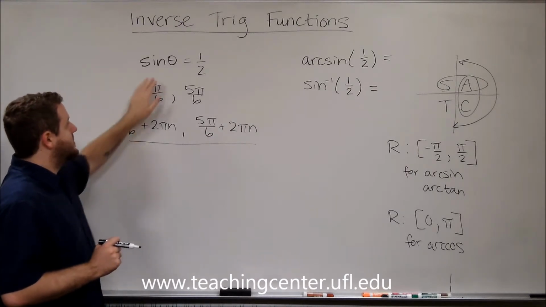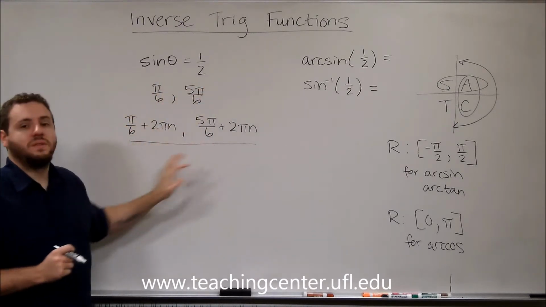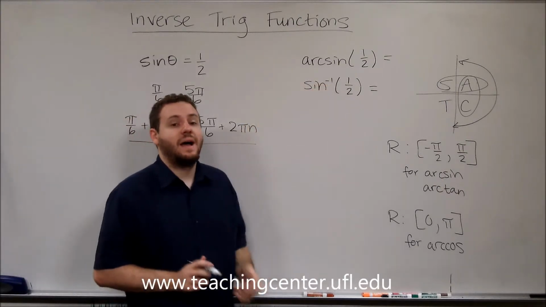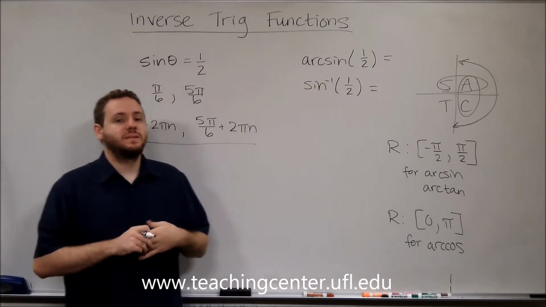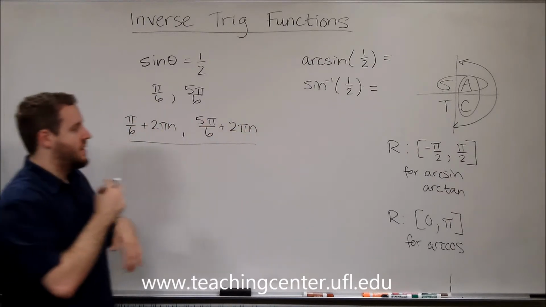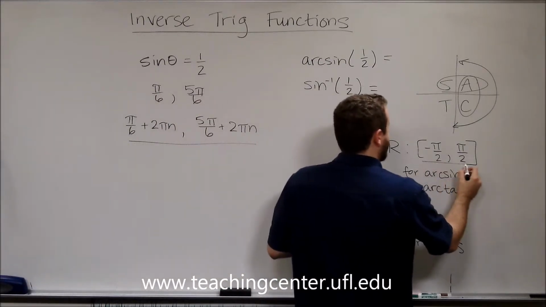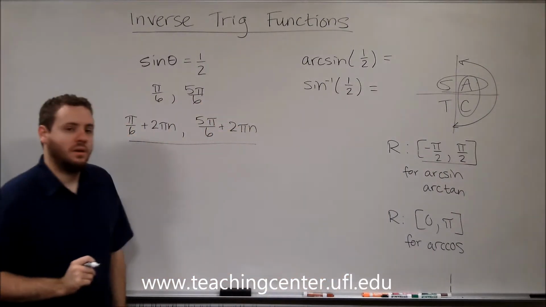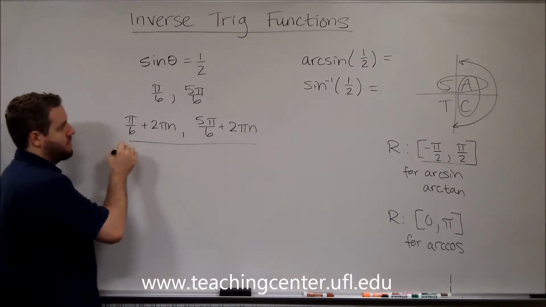So what this means in terms of answering this problem is that arcsine of 1/2, like I said, even though sine of theta equals 1/2 gives you all of these answers, arcsine of 1/2 has to give you one answer. So basically what you're asking yourself is, which of all of those responses is in this range right here, negative pi over 2 to pi over 2? Well, the answer there would only be pi over 6.